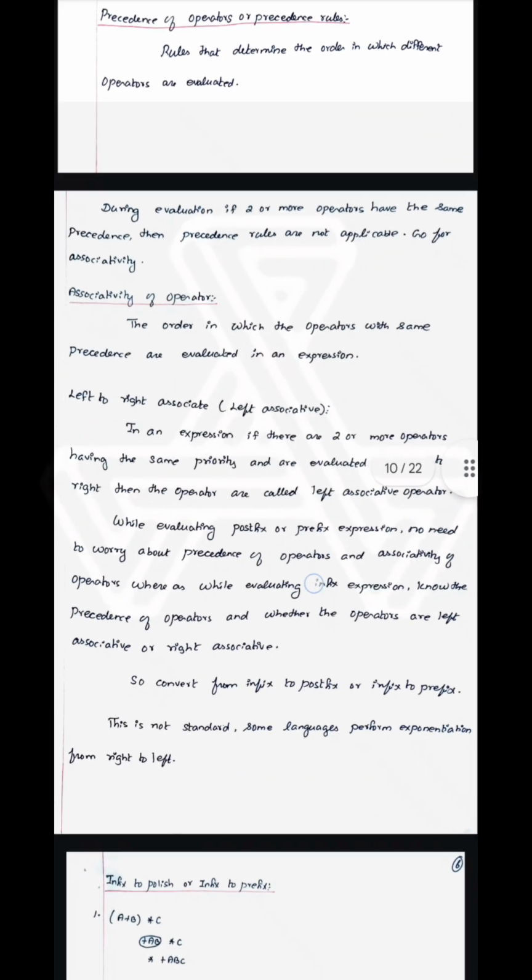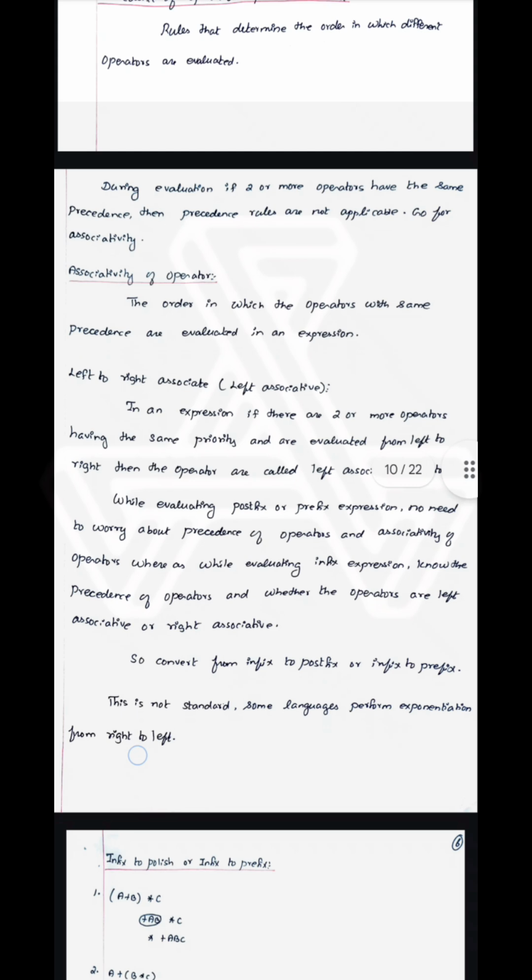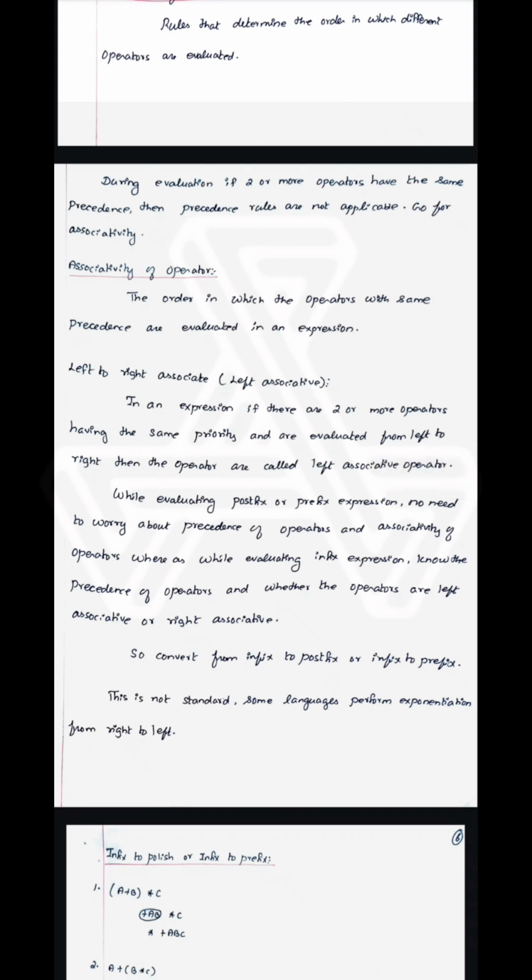If two or more operators have the same precedence, precedence rules are not applicable, so go for associativity. Associativity of the operator: the order in which operators with the same precedence are evaluated in an expression. Left to right associativity: if two or more operators having the same priority are evaluated from left to right, then the operators are called left associative operators.